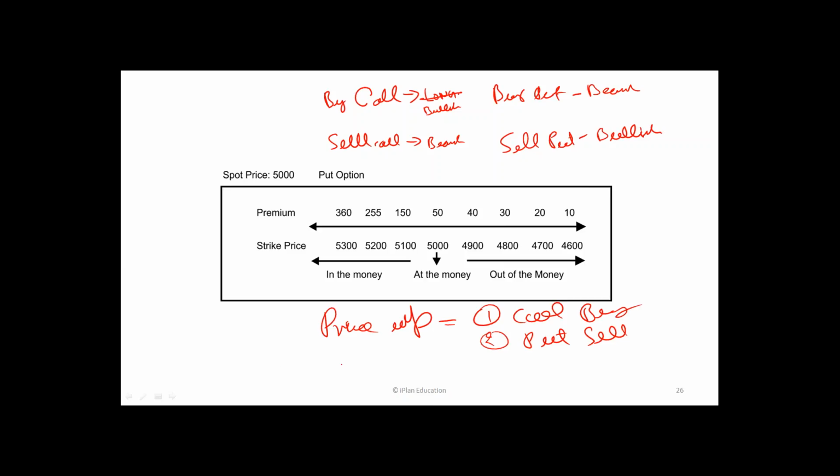And if you think the market will go down, you can take put buy and call sell. But when you are buying a put, you have unlimited profit, limited loss. When you are selling a put, you have limited profit, unlimited loss. So this thing you have to keep in mind.